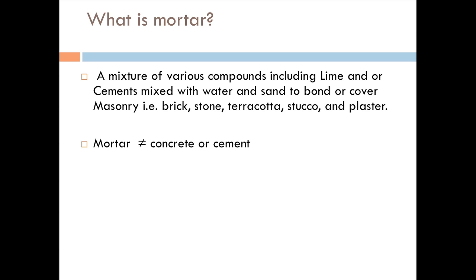So we have different types of historic mortars, probably the oldest being gypsum. Gypsum is something that's very fast setting. It works in arid climates. It was used for interior plaster and stone mortars in the Great Pyramids of Egypt. That also kind of depends on what studies you look at, and if you look at a study from 2 years ago versus 15 years ago, there's a lot of debate.